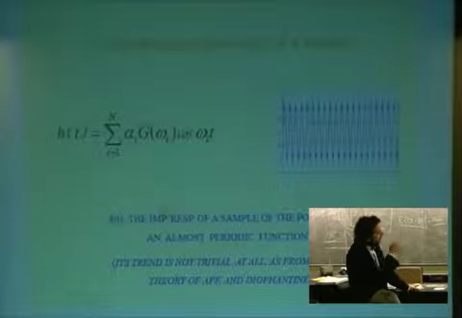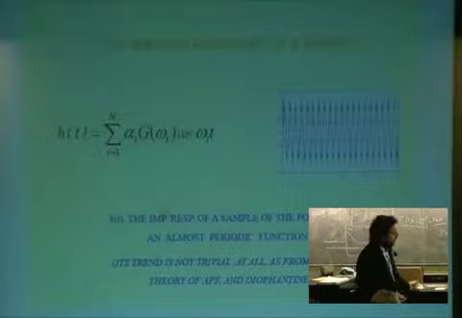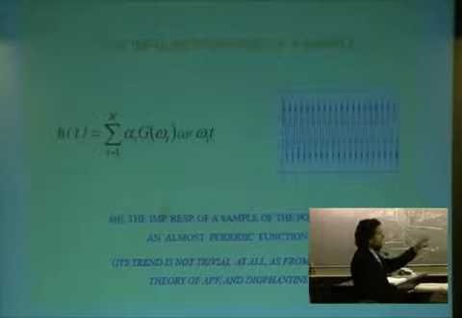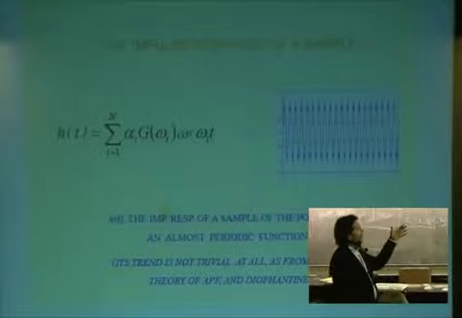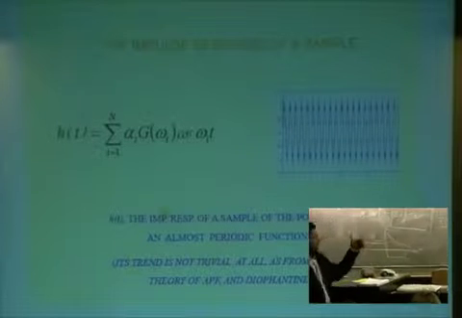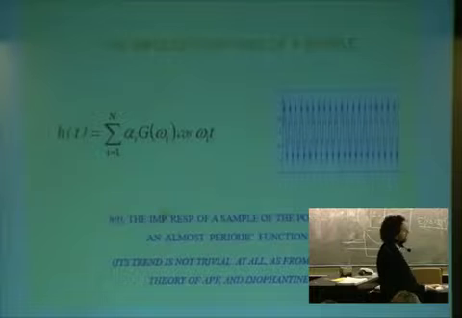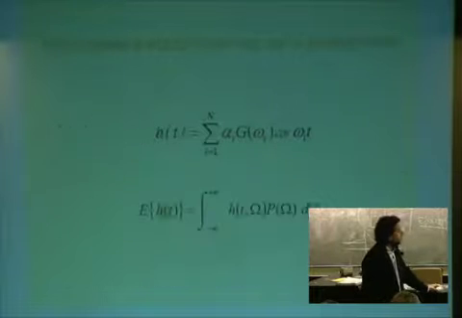So this is the impulse response of a single sample. Suppose that this is a beam, I guess. And this is an almost periodic function, so it has a very complicated trend in time. So we don't want to investigate it.